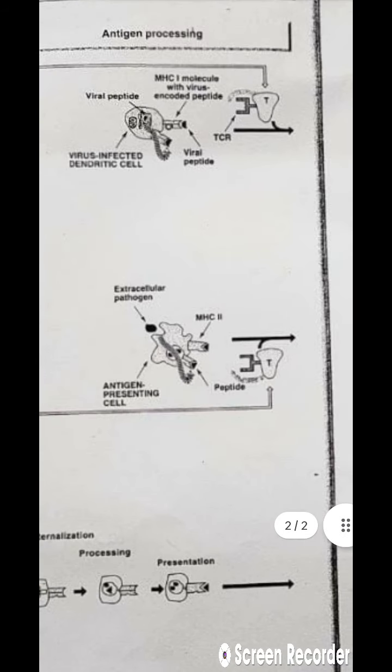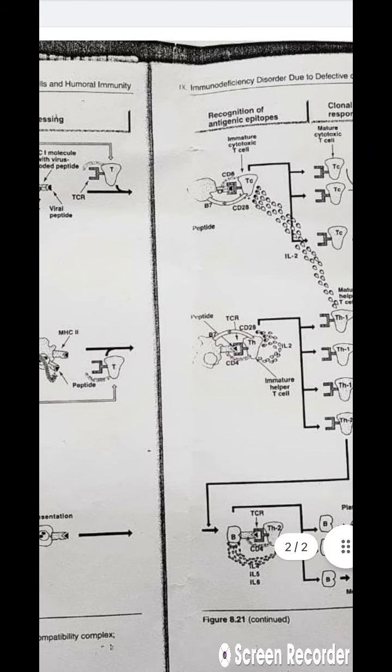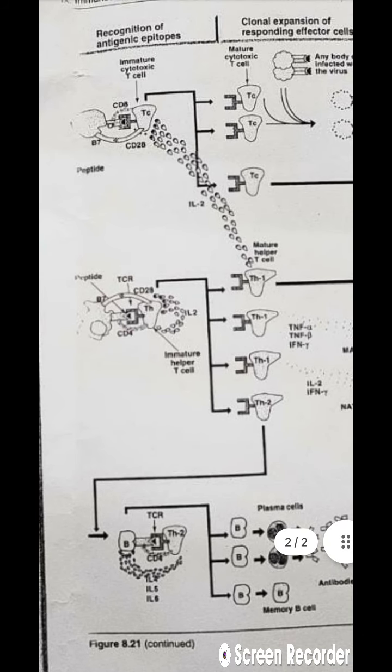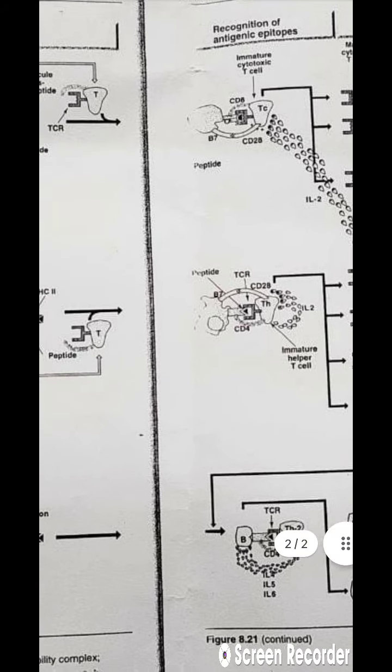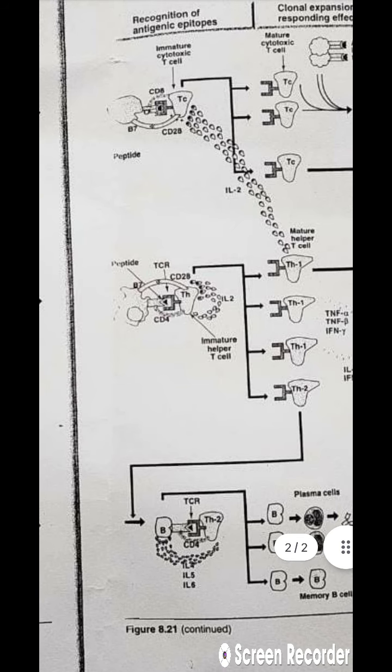So the CD4 T cell is coming into the picture. Now what is happening? Continuing with the middle row, see the peptide. Peptide means the antigenic epitope of the extracellular bacteria that is presented by the MHC2 molecule of the antigen presenting cell to the CD4 T cell receptor.